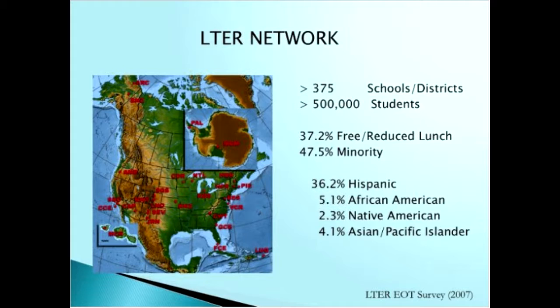And the demographic data on the right-hand side is the result of a survey that we did back in 2007 that focused on the schools and districts that we're working with, the number of students that we could potentially impact given the schools and districts, and then a bit about the socioeconomic status, ethnicity, and the disaggregated ethnicity of those students.